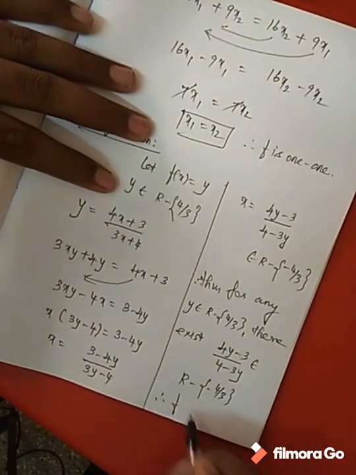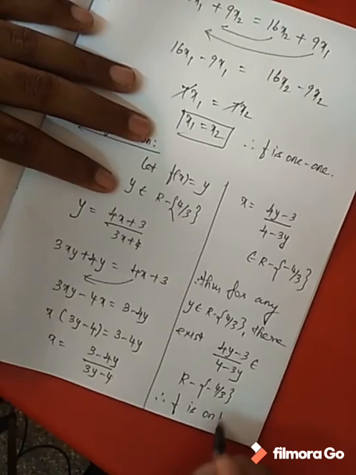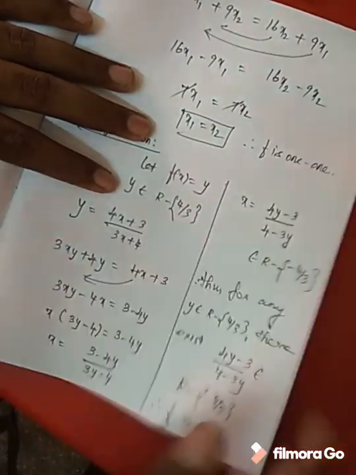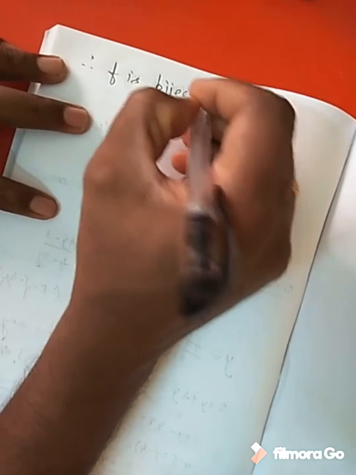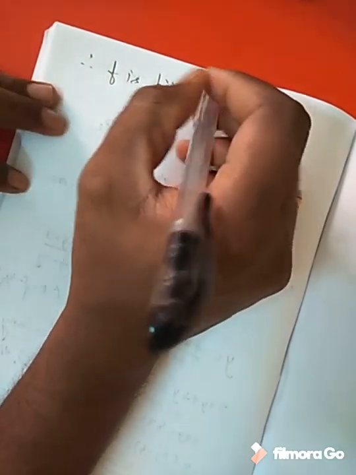That indicates function f is onto, satisfies onto, right? So therefore f is bijective since it satisfies one-one and onto.